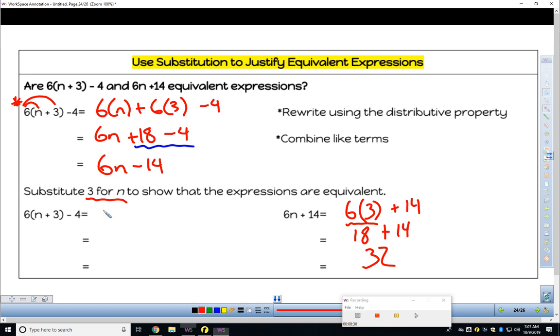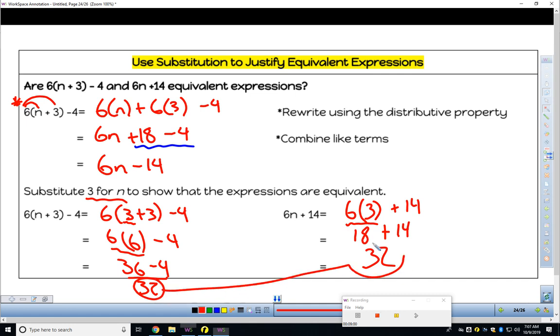Right over here, 6 times the quantity 3 plus 3, minus 4. All I did here was put the 3 in where I had an n. So 3 plus 3 is 6. 6 times 6 is 36. And 36 minus 4 is 32. And it does appear that those are equivalent.